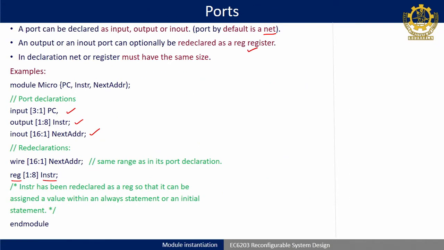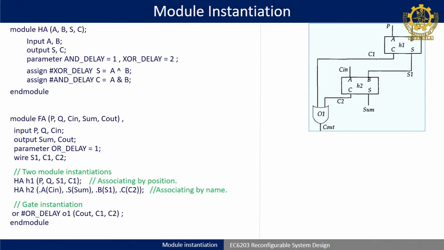Then ports we have discussed. Now, coming to one simple example we have already done in lab class: half adder HA with A, B, S, C as inputs and outputs. Here again you can see the illustration of parameter, because in module instantiation, parameter overriding is a very interesting topic to discuss, which we will be discussing today.